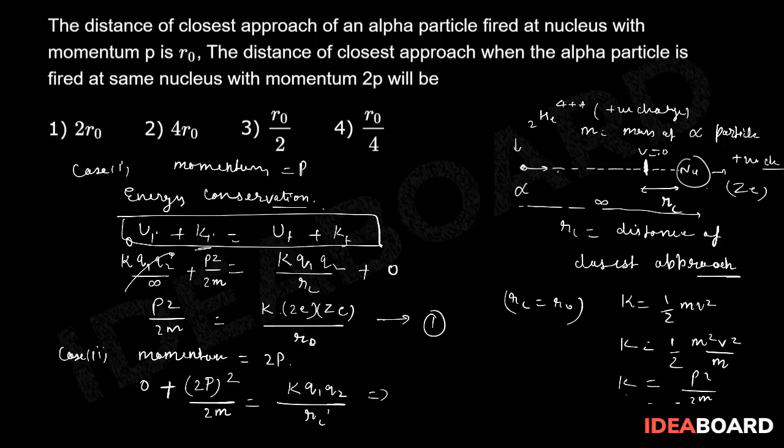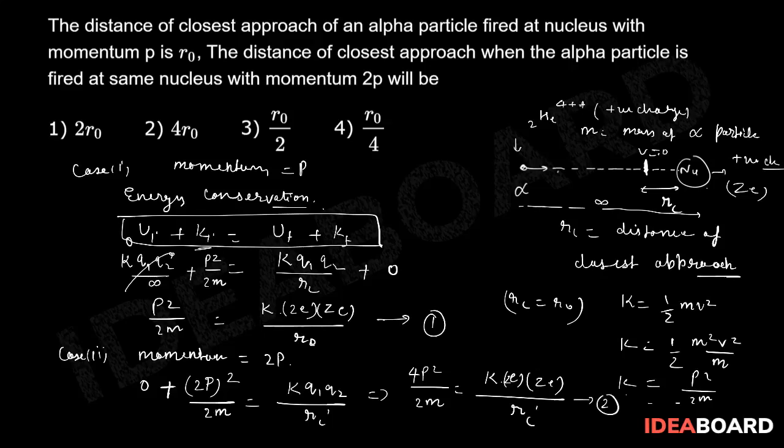So we can write this as 4p square upon 2m is equal to K into 2e into Ze divided by RC dash. This is equation number 2.